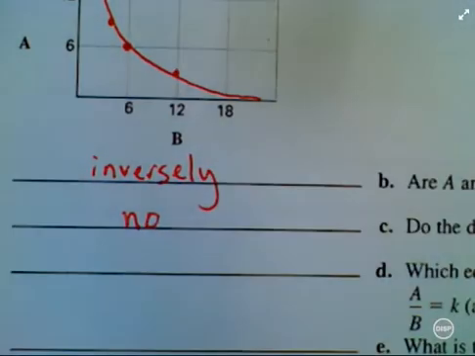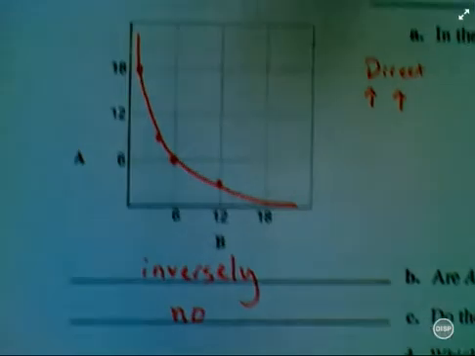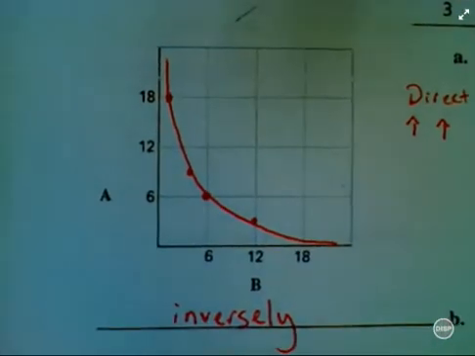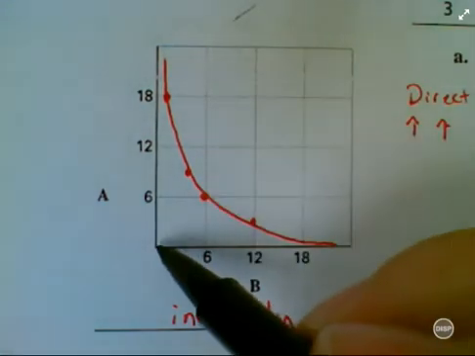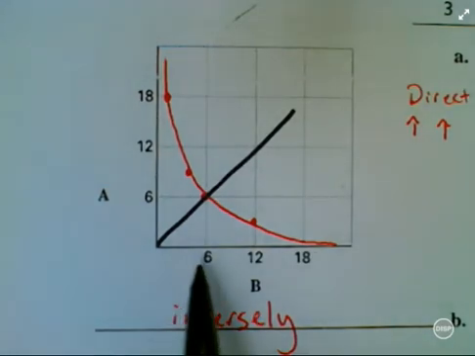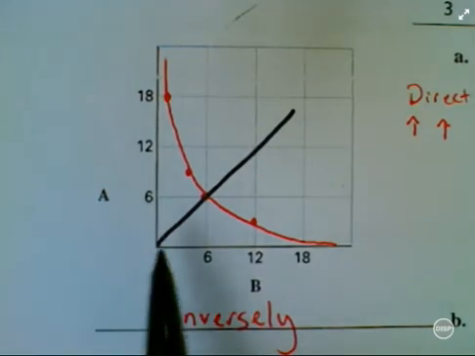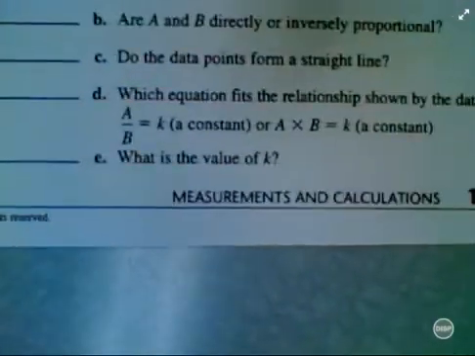So no. And that's actually one of the ways that you can tell inversely proportional from direct proportionality, because if this were a graph showing direct proportionality, you would see a straight line. Okay, as B would increase, so would A in the exact same way. But we don't. We see this asymptotal graph, and so no, it's not a straight line.